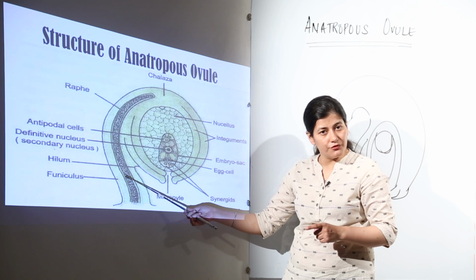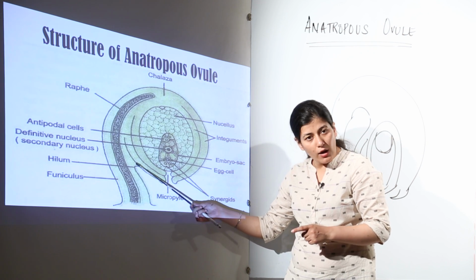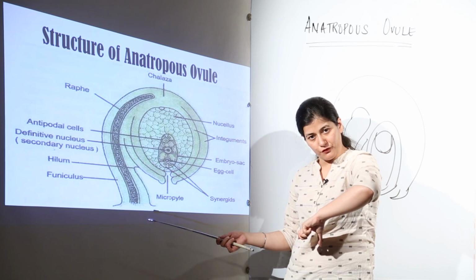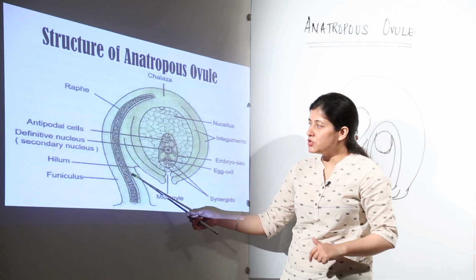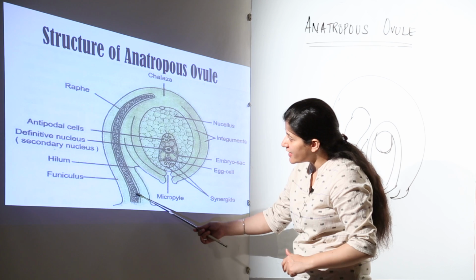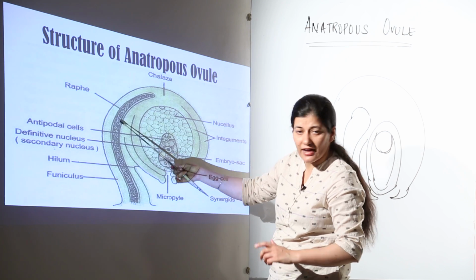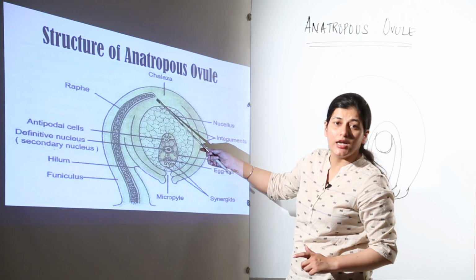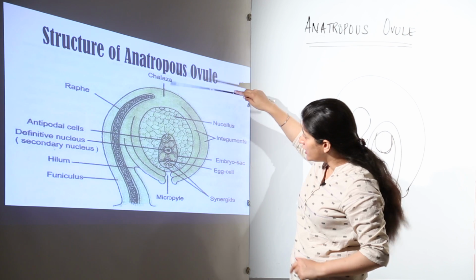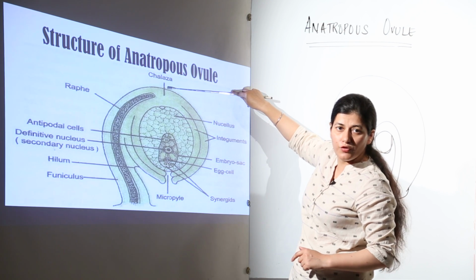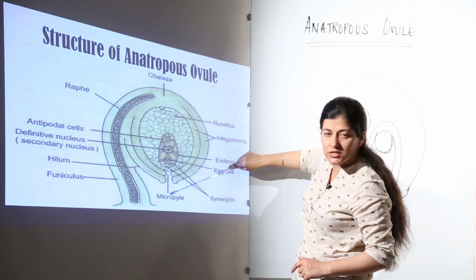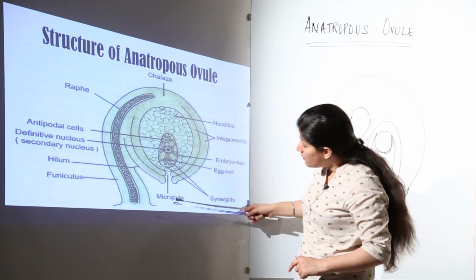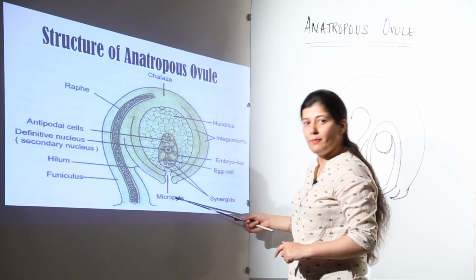That part of the funicle which joins with the outer integument of an anatropous ovule which has taken a U-turn is known as the hilum. This funiculus has a central arrangement known as the raphe that extends up to the chalaza. Now, what is the chalaza? Chalaza is that point in the ovule which is exactly opposite to the opening pore known as the micropyle.